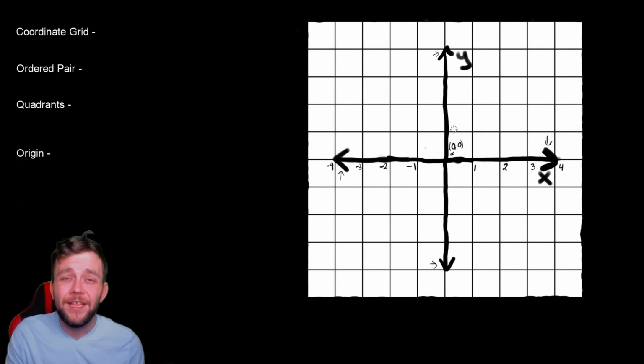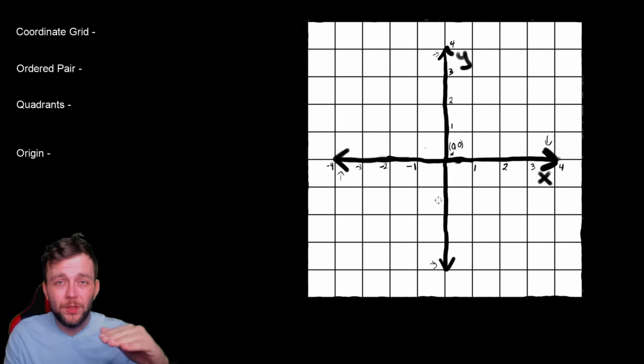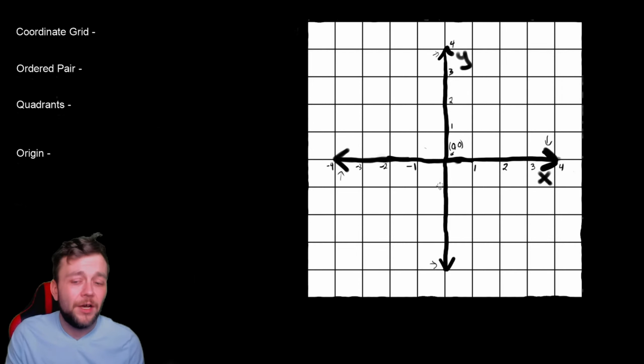They are positive. So we have a positive 1, 2, 3, and then 4. And those going below on the y line are negative 1, negative 2, negative 3, and negative 4.